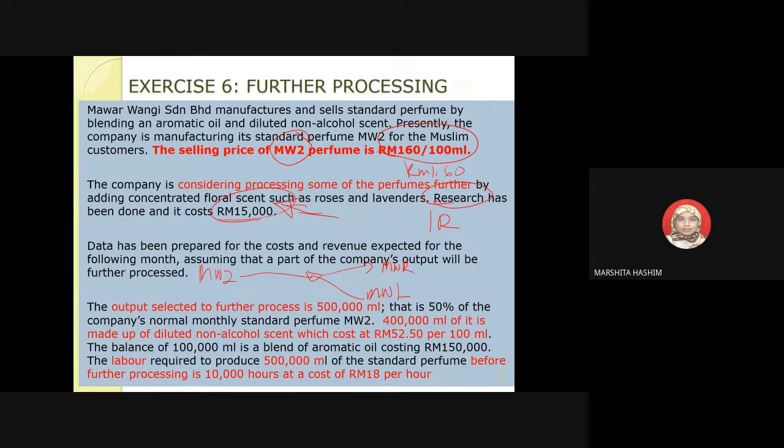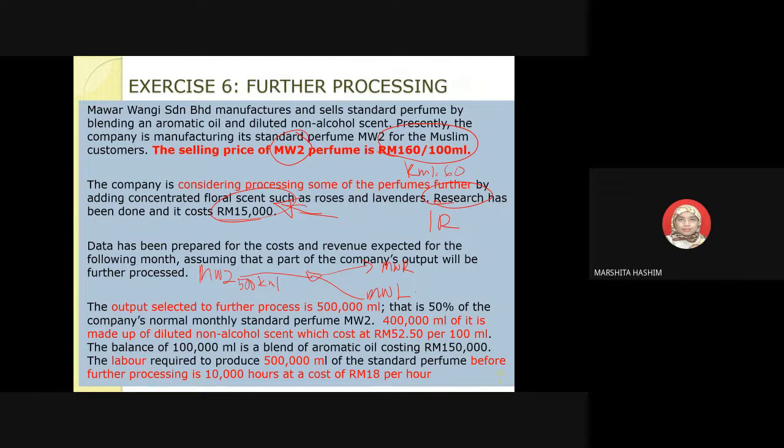The output selected to further process is 500,000 ml. Okay, output here, you want to further process how many? 500,000 ml. That is 50% of the company's normal monthly standard perfume. How about the balance? The balance you sell as MW2 product at RM160 per 100 ml. Only 50% you plan to further process.